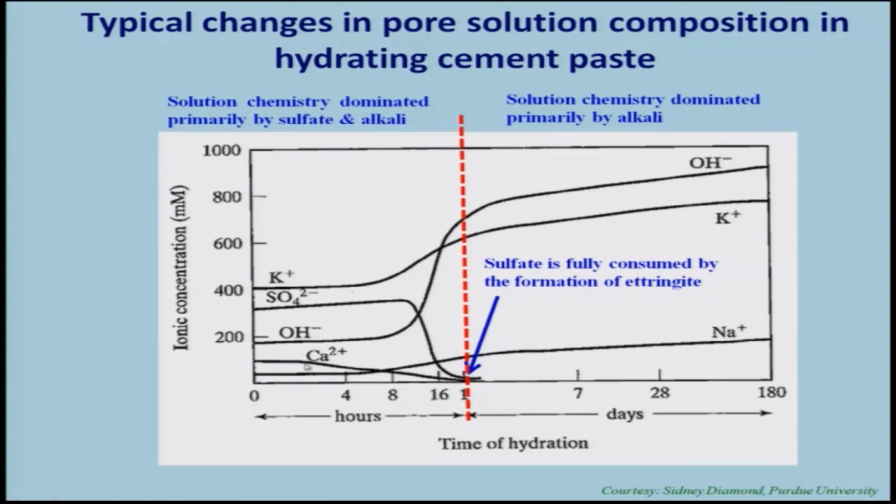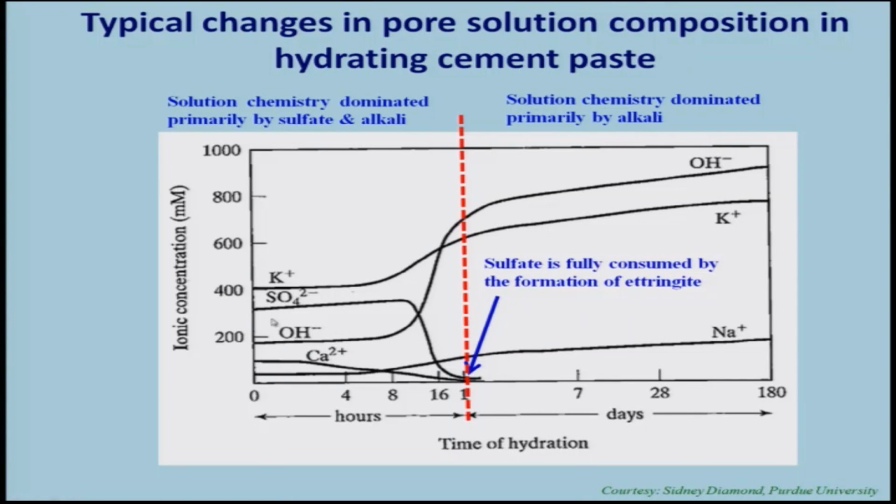Why? Because we have already seen in the previous lectures about hydration reactions that the calcium present in the unhydrated cement compounds reacts and forms the hydrated compounds. So, in the pore solution, even though it is present initially, slowly it becomes 0. That means that this calcium is completely utilized in the formation of hydrated compounds.